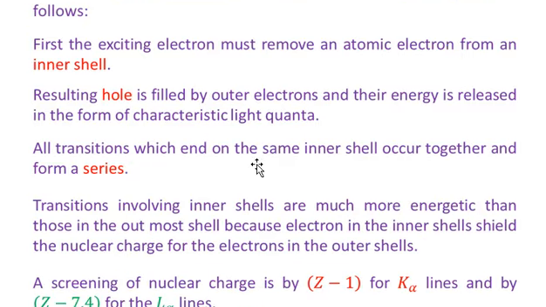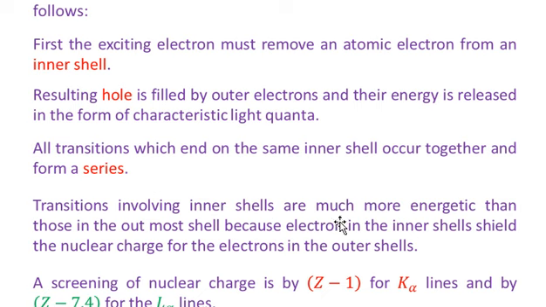All transitions which end on the same inner shell occur together and form a series. For example, if you have removed an electron from the K shell, then all the transitions from the higher shells will take place to the K shell and a K series is formed.